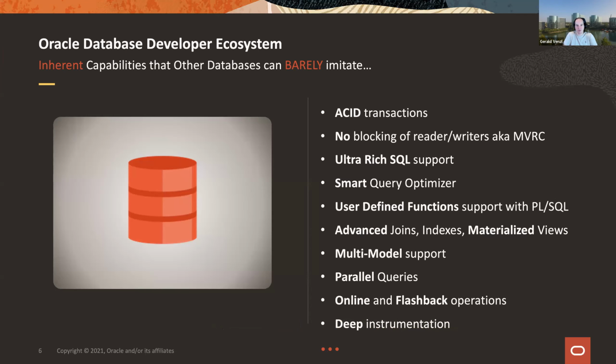We want to be able to store JSON, we want to be able to store graph, and we would like to store it in the same engine so that we don't have to stand up different databases next to each other and then figure out how to integrate the data. Parallel queries, flashback, deep instrumentation, these are all the things you get to when your system grows. Developers probably don't even think about these until they hit the threshold where the system has become so big that they now worry about these things.